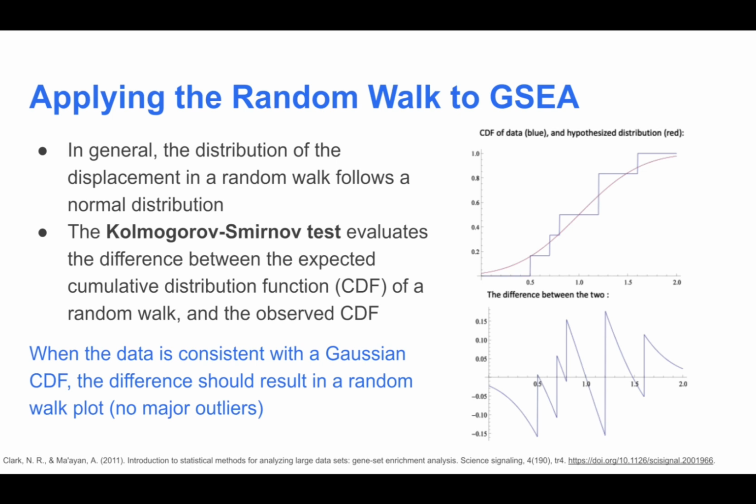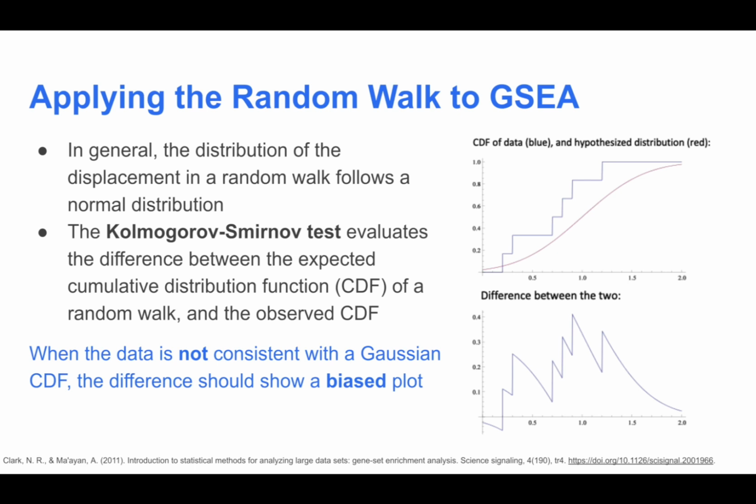And then you can look at the cumulative distribution functions, which basically show, for each displacement value, the probability that the displacement of the point at a given time is less than that displacement value from 0 in a random walk plot. And because we expect that the distribution should follow a normal or Gaussian distribution, we can look at the difference between the cumulative distribution function of a normal distribution, which is what we expect from a truly random walk, and the cumulative distribution function we actually observe from our data. And this is essentially just what the Kolmogorov-Smirnov test evaluates.